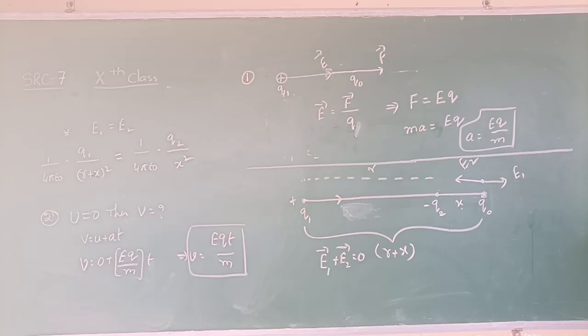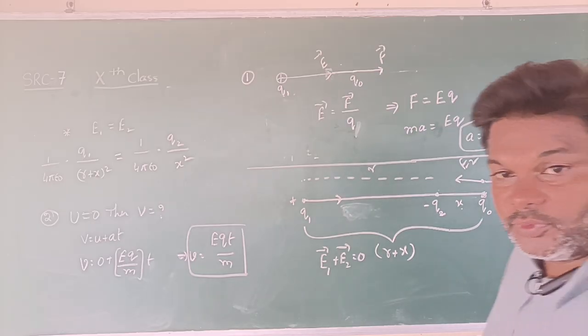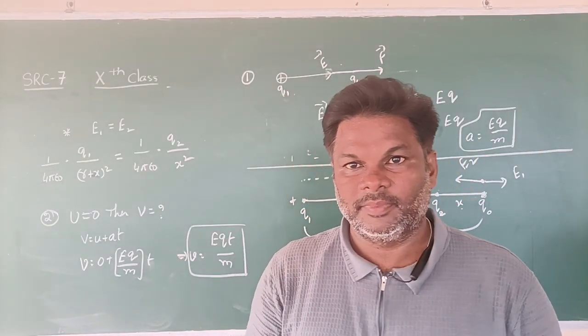We got a is equal to eq by m from Newton's second law, and v is equal to u plus at from the kinematical equations. By using that, we got the velocity after time t. So tomorrow we will discuss a few more concepts. Bye.